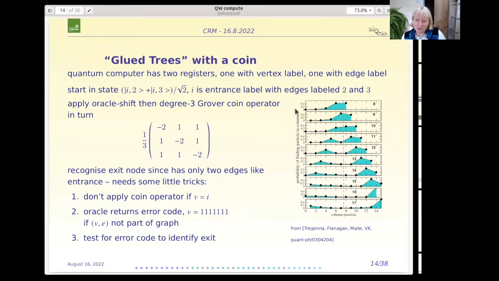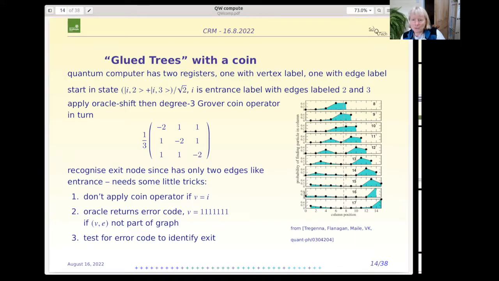So that's the columns along here, and then the probability of being at that particular column summed over all of the vertices in that column. So this is the step number down here. After 8 steps, we've reached the glue, 9, 10, and by 11 steps, you can start to see that some of it got reflected and some of it is going forward.